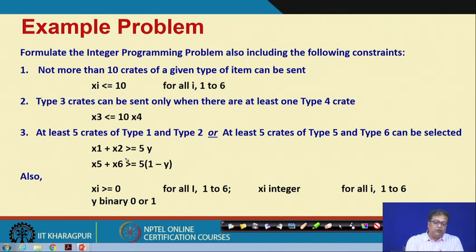But then if y equal to 0, 1 minus y will be 1, then the second case must be satisfied, and if y equal to 1, then 1 minus y will be 0. So, the first case should definitely be satisfied. So, this is the interesting way by which you can model such kind of constraints. Obviously, the y is binary and xi is a value from 1 to 6.